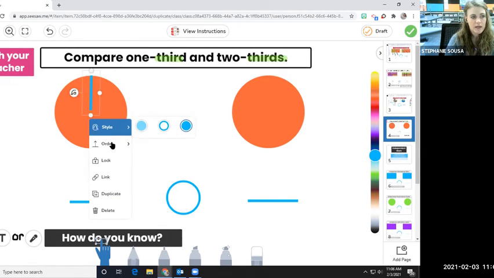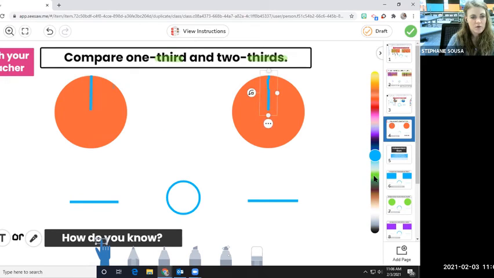And then I'm going to duplicate it and do the same thing on the other side because we know that both of these have to be thirds. Now I'm going to duplicate this and put it in the middle, but I'm going to turn it.